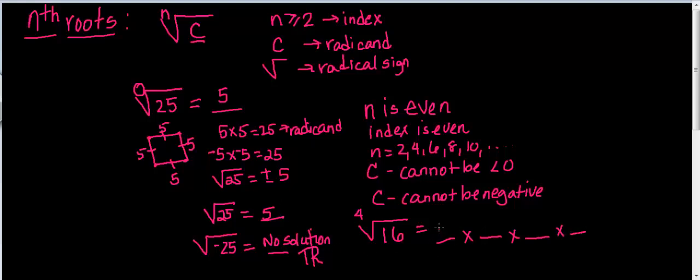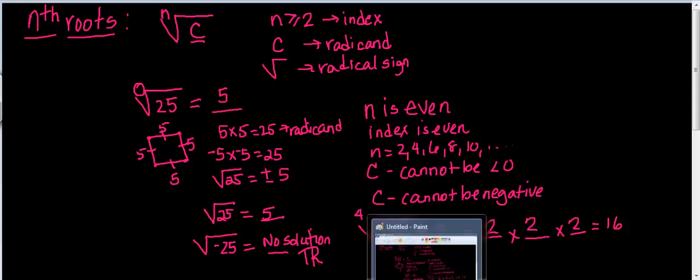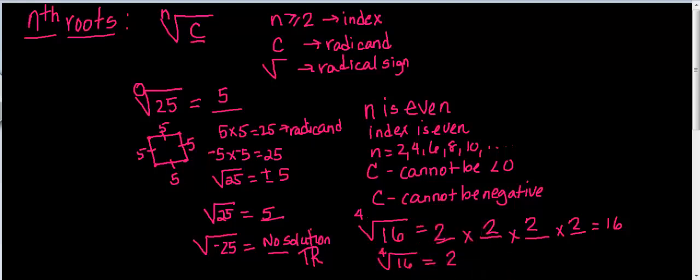The answer to that is 2, right? 2 times 2 times 2 times 2 is 16. Therefore, the fourth root of 16 is 2, because 2 times 2 times 2 times 2 is 16. Okay? So whenever you have an even root, you cannot have a negative radicand.